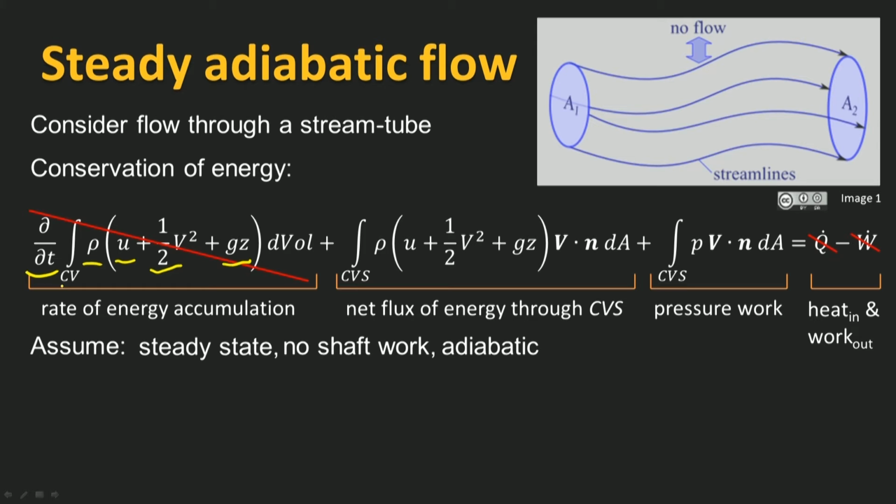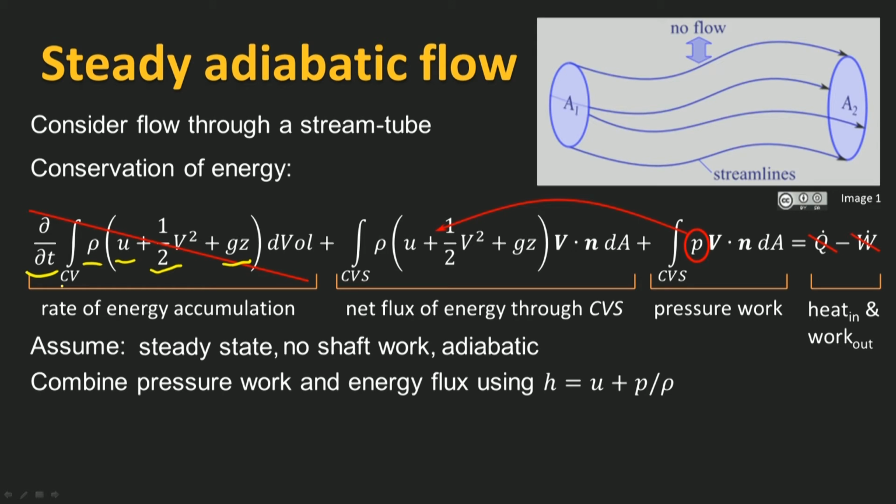The next thing we can do is to combine the pressure work term with the internal energy in the flux term, using the fact that the enthalpy is equal to the internal energy plus P on rho. We then obtain a much simpler equation, which is telling us that the net flux of the enthalpy plus a half the velocity squared plus gravity times the height of the fluid across the control surface is equal to 0.